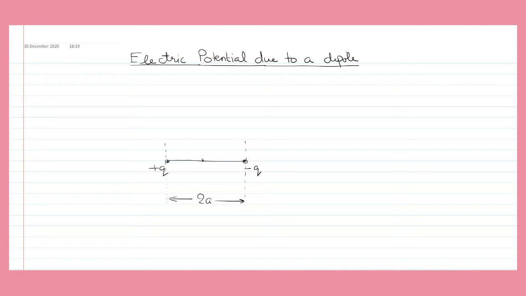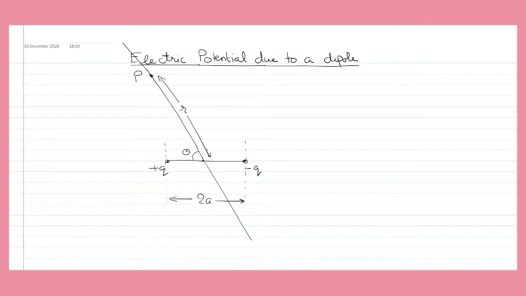Now I take a line which makes an angle theta with this dipole. Now there is a point on this line which is at a distance r from the center.